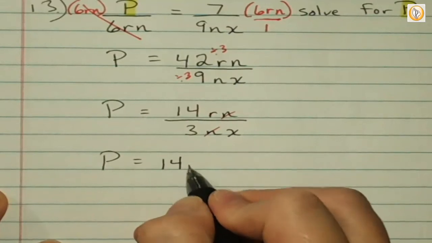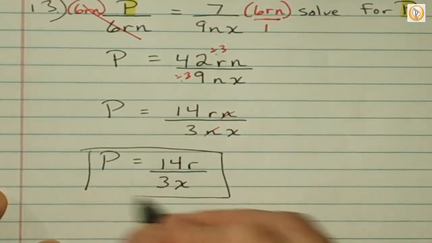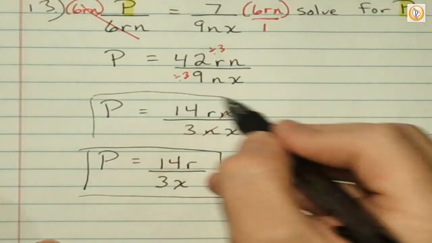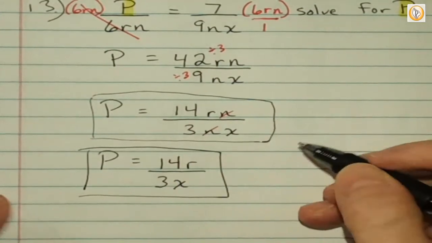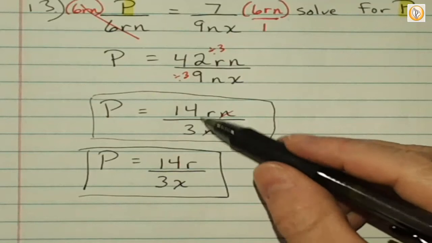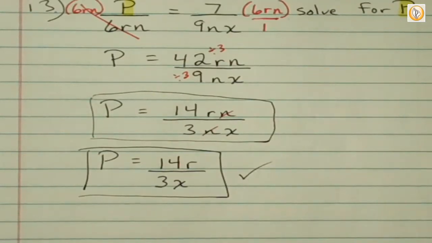This is totally simplified. Now, let's say though, you gave me this. I would not count it wrong. As long as you simplify the numbers, I'm not going to be picky. But this is actually correct.